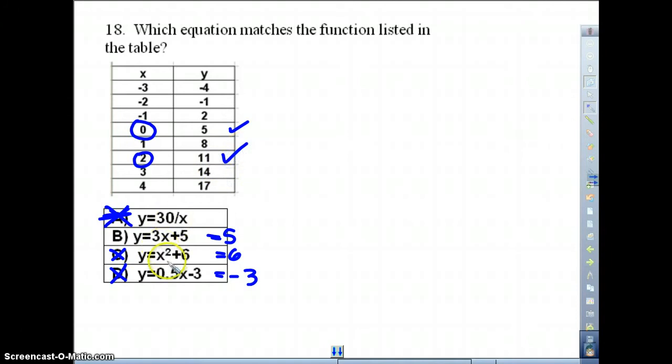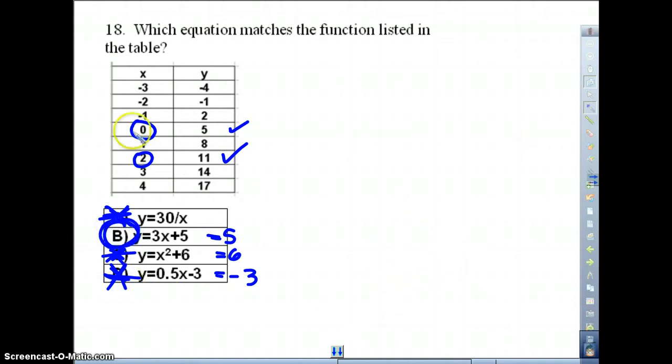That checks out. 2 squared is 4. 4 plus 6 is 10. Nope. They say it's 11. Can't be that one. 1/2 of 2 is 1. 1 subtract 3 is -2. They say the answer is 11. I'm feeling pretty good. My answer is what? B. Yep.